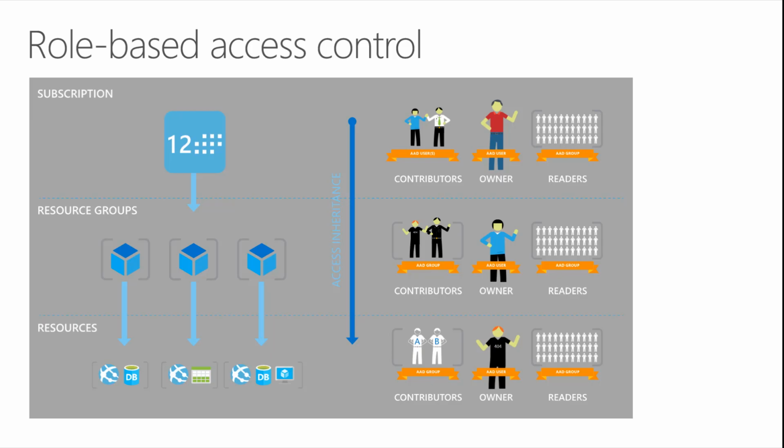Well, we want people, maybe high-level architects, to see what's going on, but we don't want them to accidentally click and accidentally delete something. So we can make readers for that. Also, monitoring tools would require reader access as well. Owners, again, with that top level rights, we want to keep that as minimum as possible and only have a few for backup purposes. But most people will say that they need to be contributors.